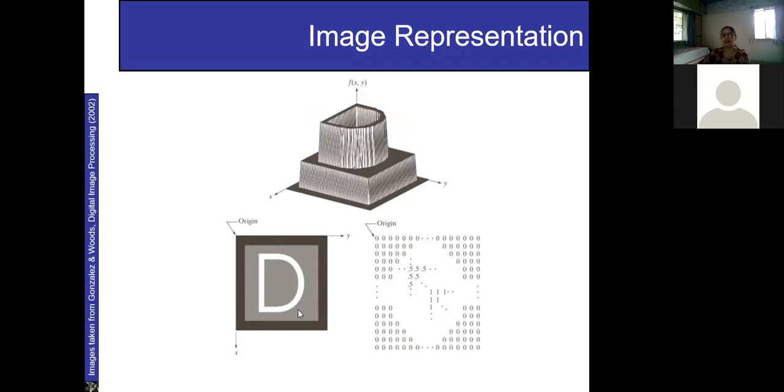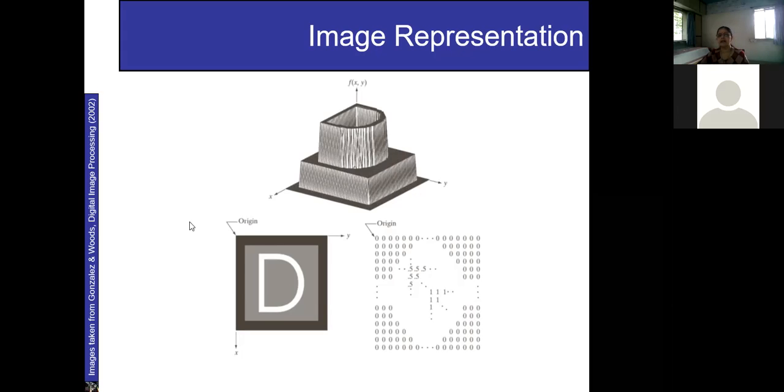So wherever D is written, you have maximum amplitude. Wherever there is black border, you have minimum amplitude, and wherever there is background, which takes say value 120 in digital format, it is represented by this particular box. That represents the background.